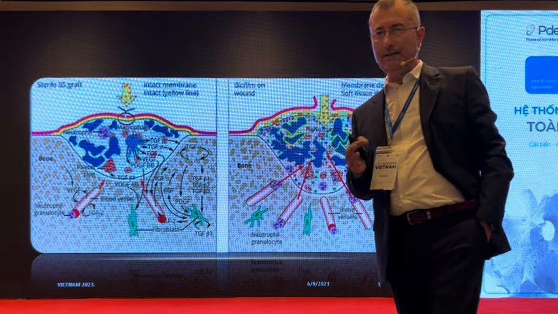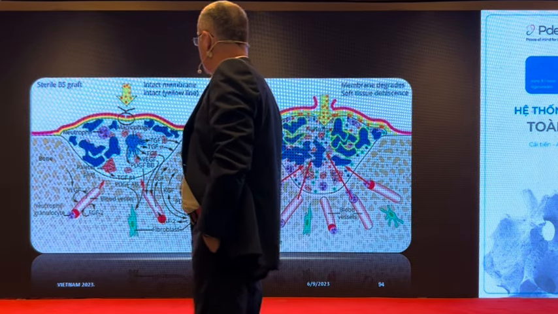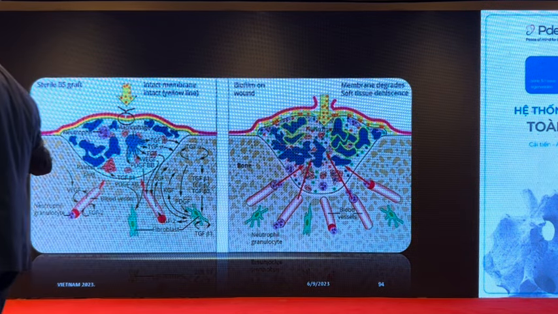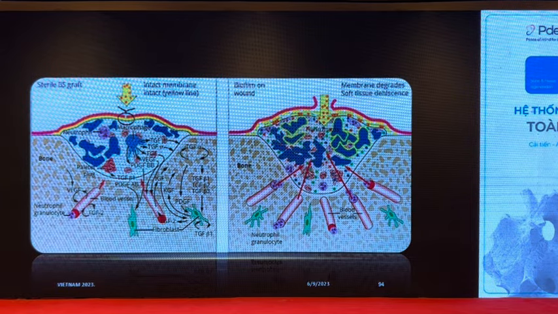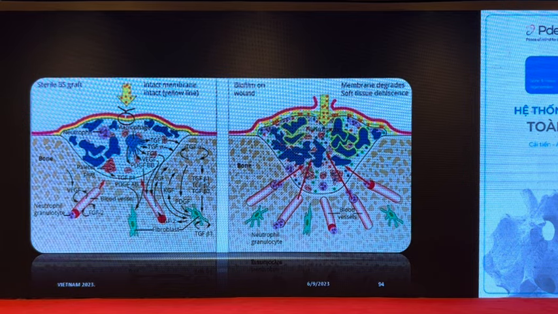In this slide, you can see how a clear wound looks with good adaptation of intact membrane, and we have sterile granules inside.